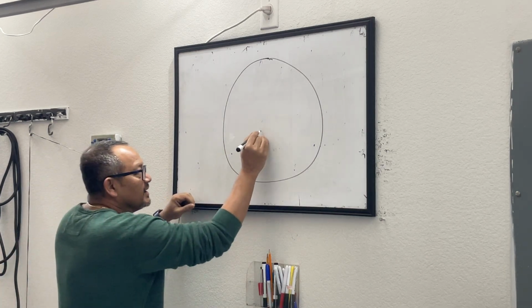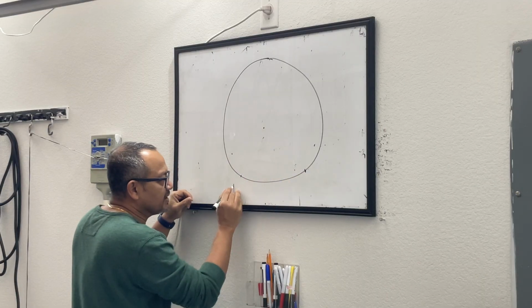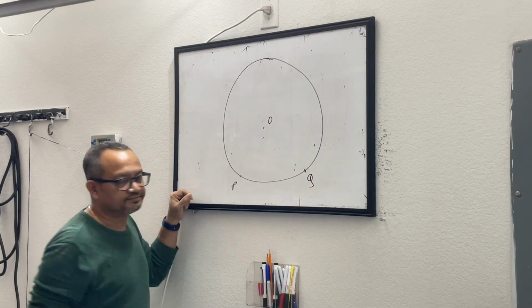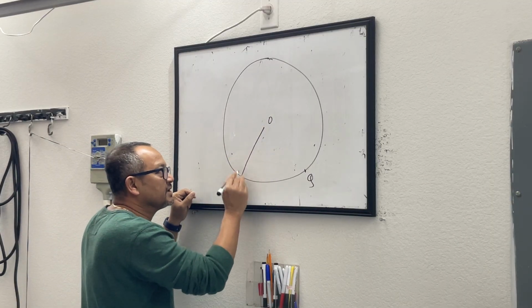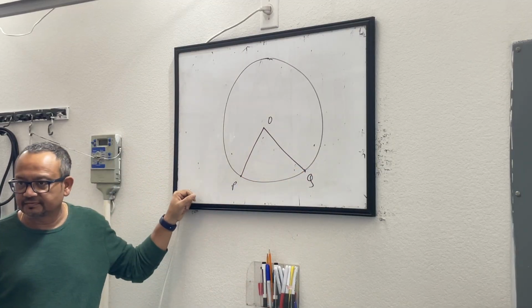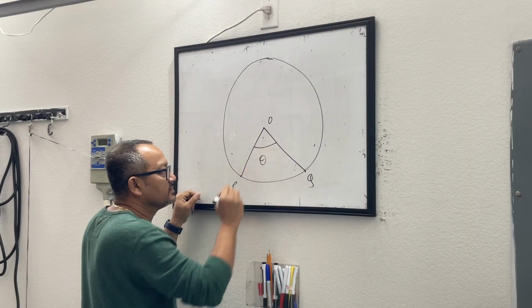So, what I'm trying to say is, if I have two points, P and Q, and O is the center of the circle, and I join the center with these points P and Q along the circumference of the circle, this angle is theta.